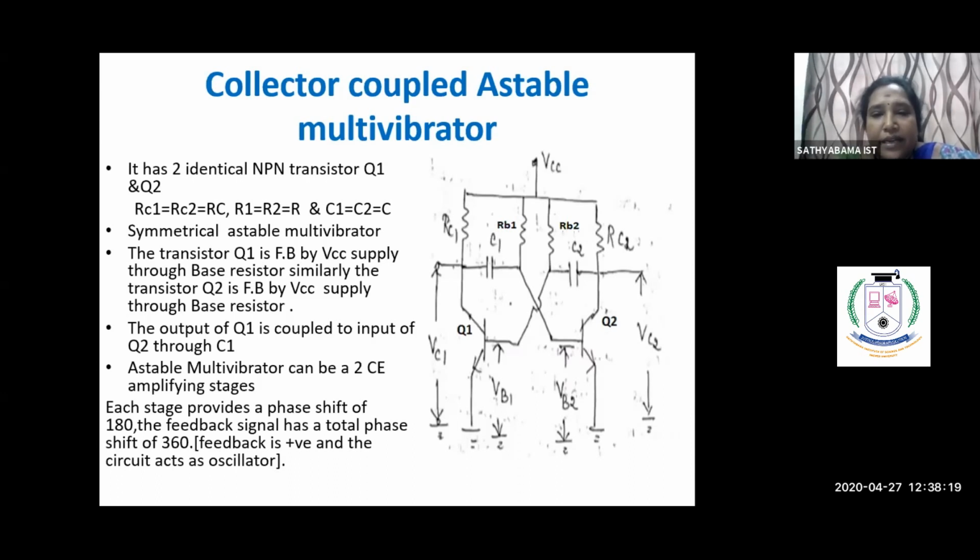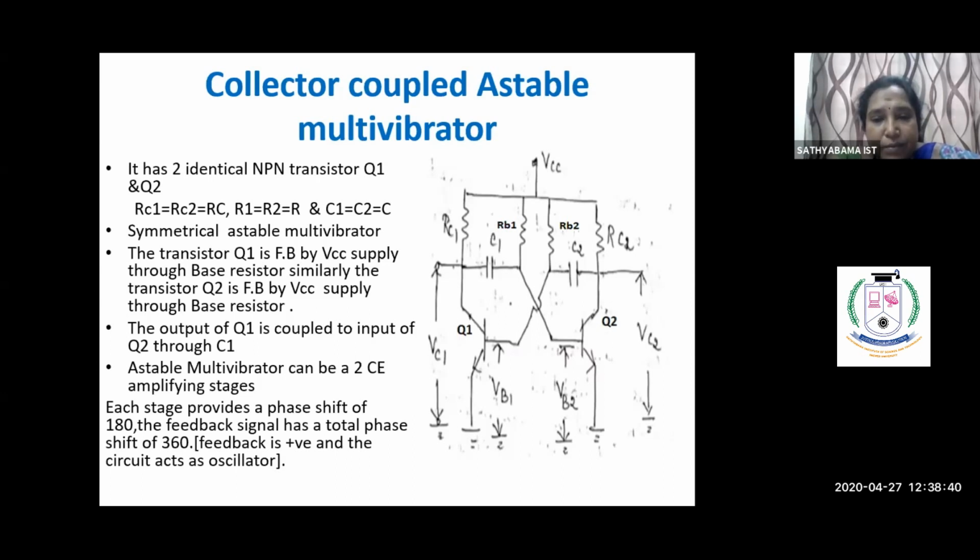In this circuit diagram, one more thing I want to add. A transistor can produce a 180-degree phase shift. Here we are using two transistors, so the total phase shift is 360 degrees.